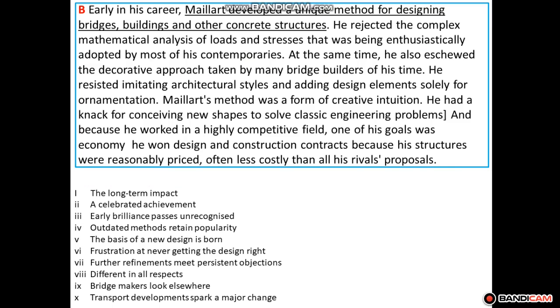Well, what's the main idea? What do you think? Where does it exist, in fact, in the passage? Okay. Now the main idea, as I can see, is to identify an entirely innovative and novel method of bridge making.